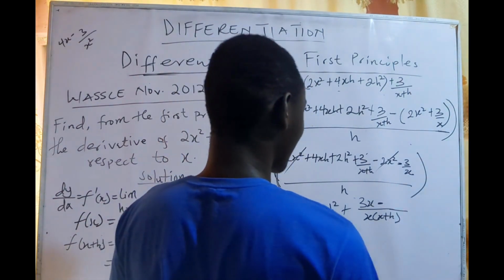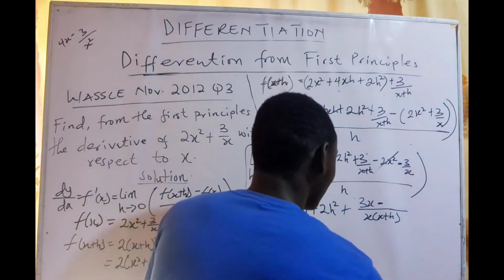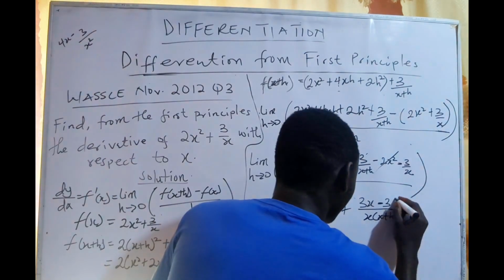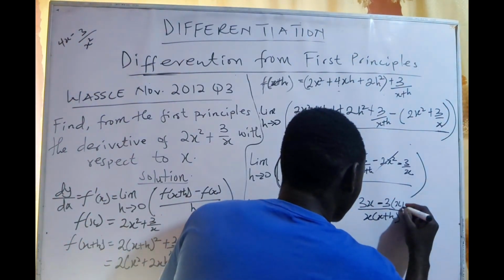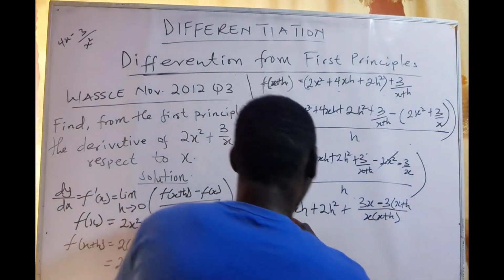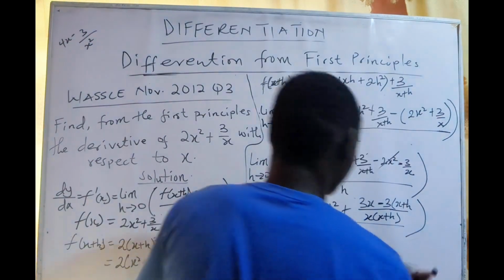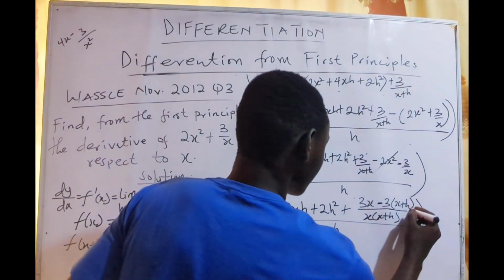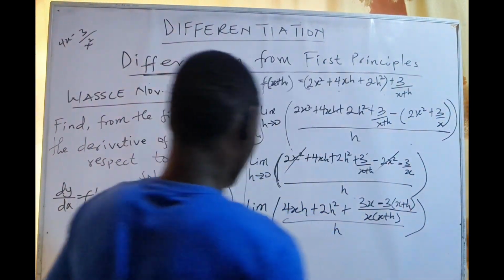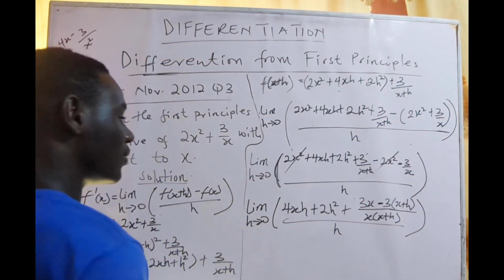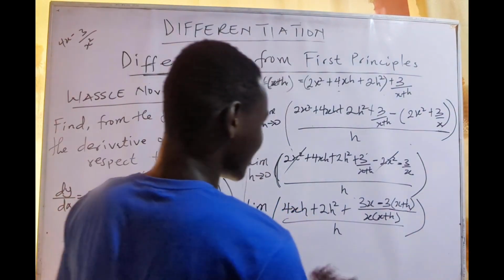Then you multiply the x plus h by the 3, so it's 3 bracket open x plus h, all divided by h. So we still need to further expand the expression.